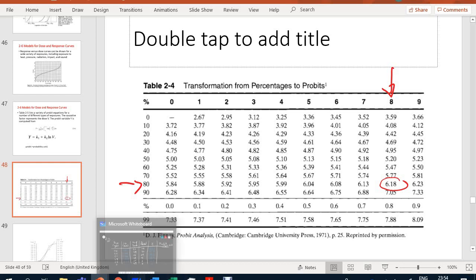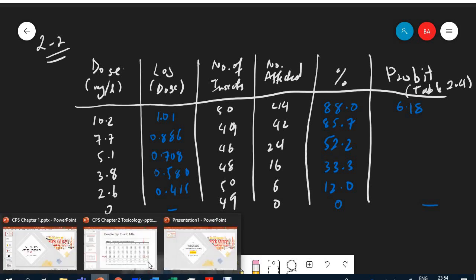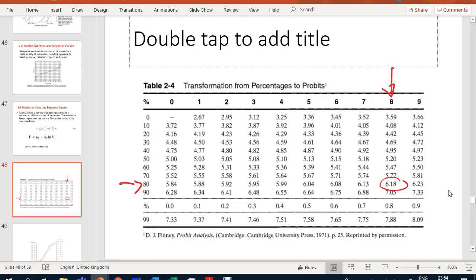Okay, so what we are going to do, we're going to write 6.18 here, and again, if you go to 85.7%, we'll get something approximate here. So we go to 85.7%, so that's 80 again, 5.7.